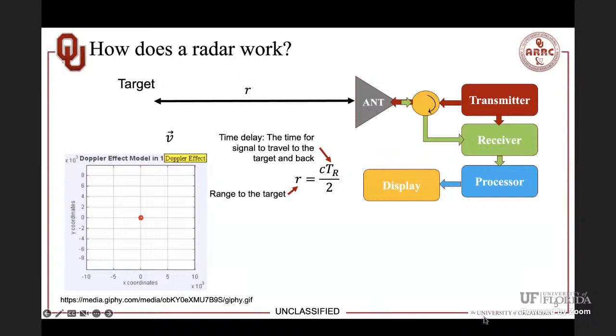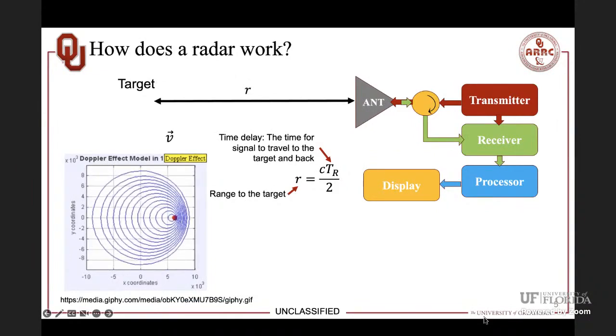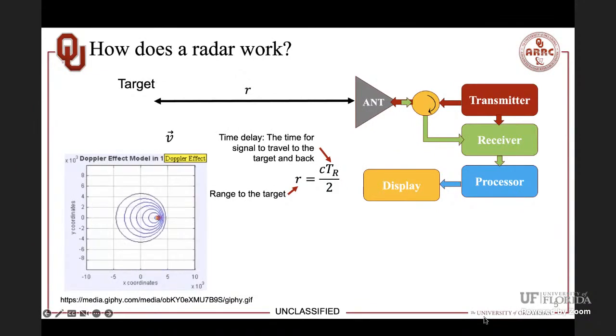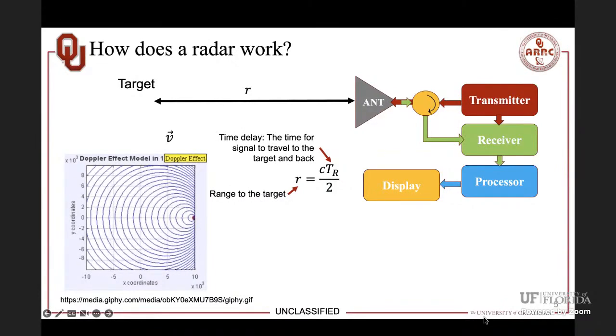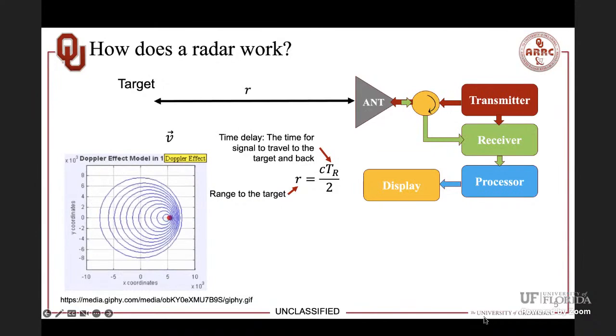Okay, the other thing radar can measure is something called the Doppler effect. You've probably seen this before. The Doppler effect is, let's say there's a moving target. Say a train with a blowing horn is coming toward you. You've probably been asked this question back in the day, and you will hear the frequency increase, right?